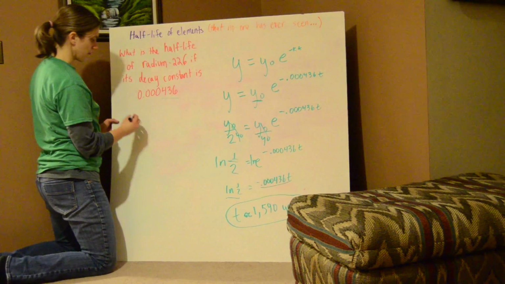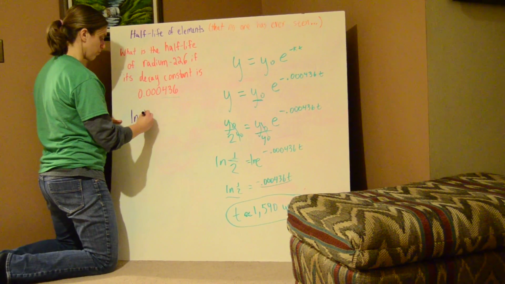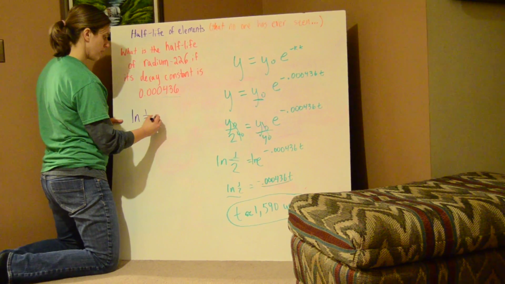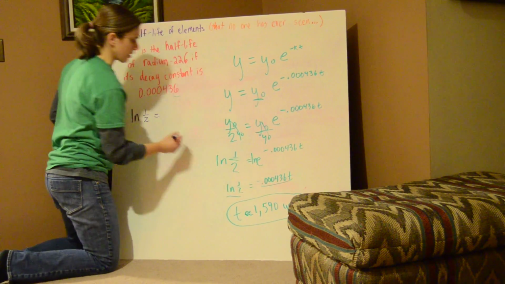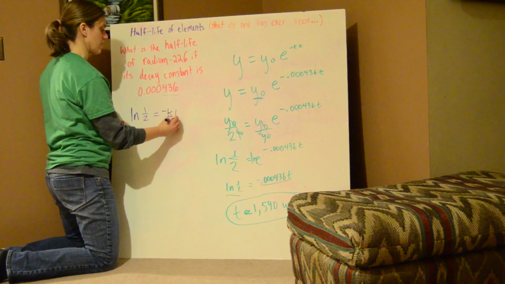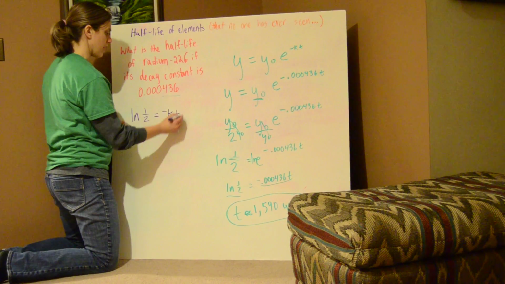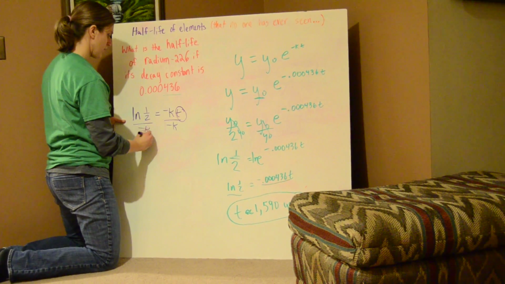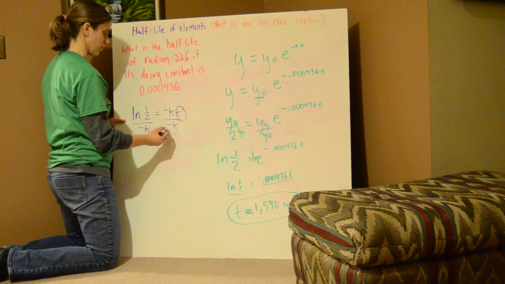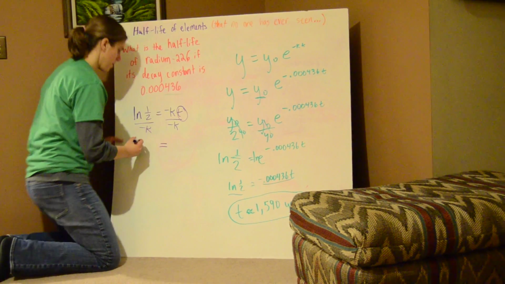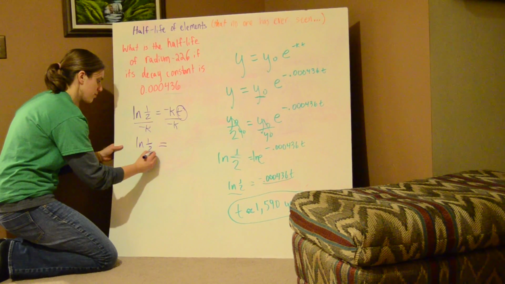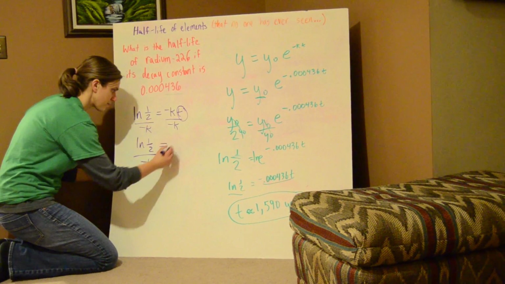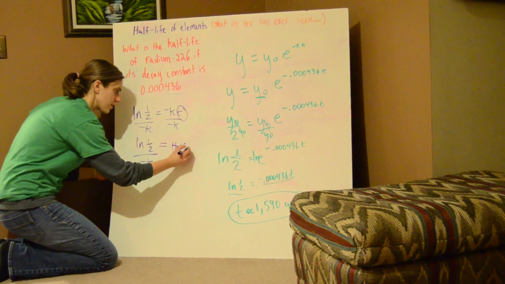It's going to be the natural log of 1/2. Let's just leave the k in here for a minute. Let's just pretend we called this negative kt. The half-life, which is right here since we talked about it being divided by 2, is simply going to be this, the natural log of 1/2 over negative k. That's going to equal the half-life.